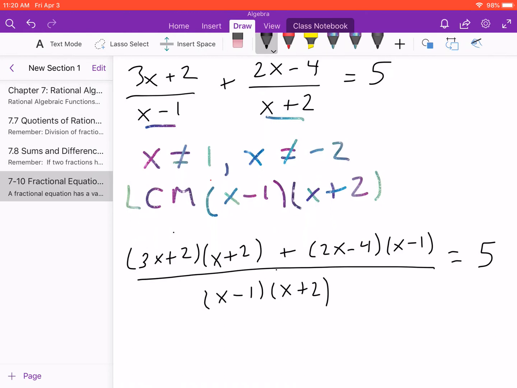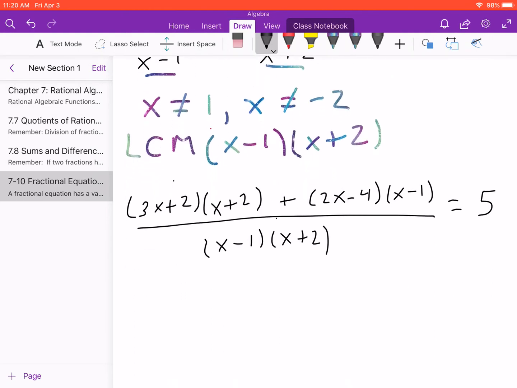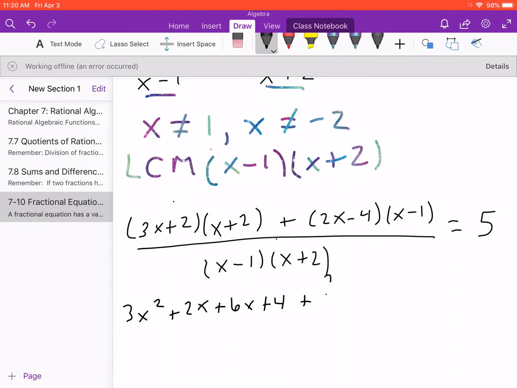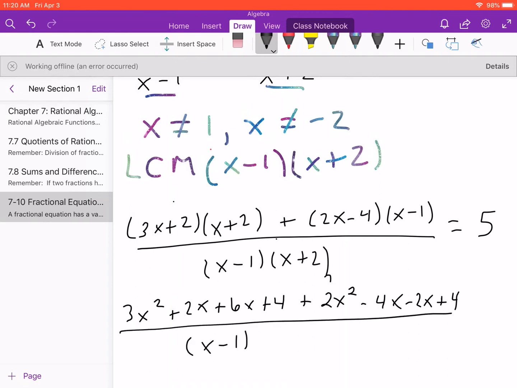At this point, I go ahead and multiply those two factors in the numerator. And so I am left with 3x squared plus 2x plus 6x plus 4, all plus 2x squared minus 4x minus 2x plus 4, all over our least common multiple of x minus 1 times x plus 2.